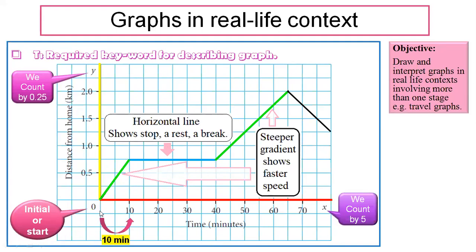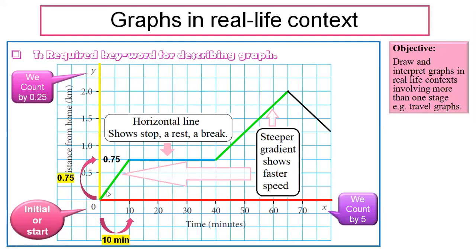So look, from 0 to 10, in the first 10 minutes, the object was moving faster. The distance that it moved, you go to the y-axis to know how much is the distance, 0.75. What is the unit? Kilometers. This is it.